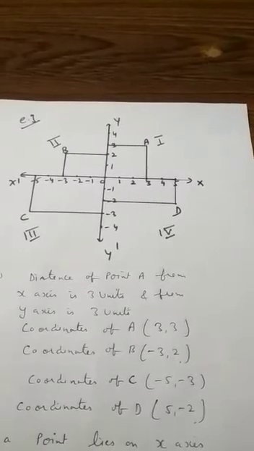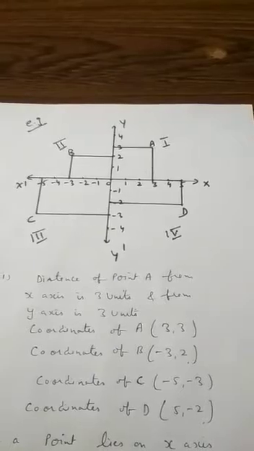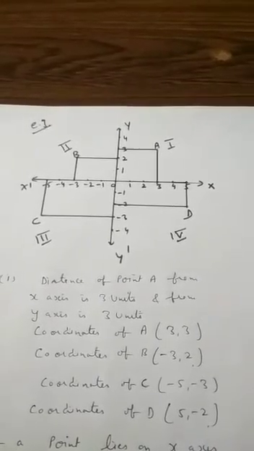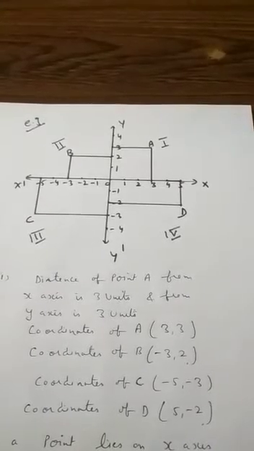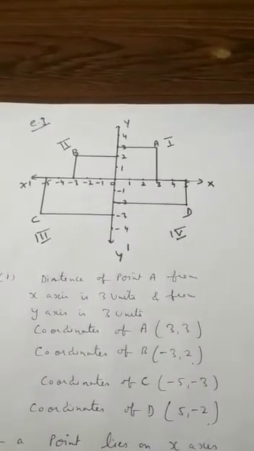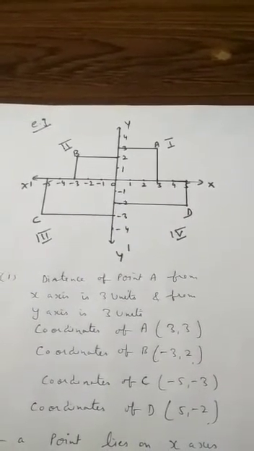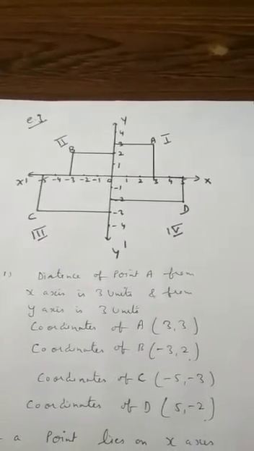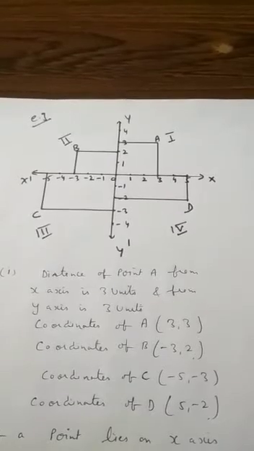It is in the second quadrant. Then if you look at point C, the perpendicular distance of point C from the y-axis is -5 and from the x-axis it is -3. So the coordinates of C are (-5, -3). It is in the third quadrant.